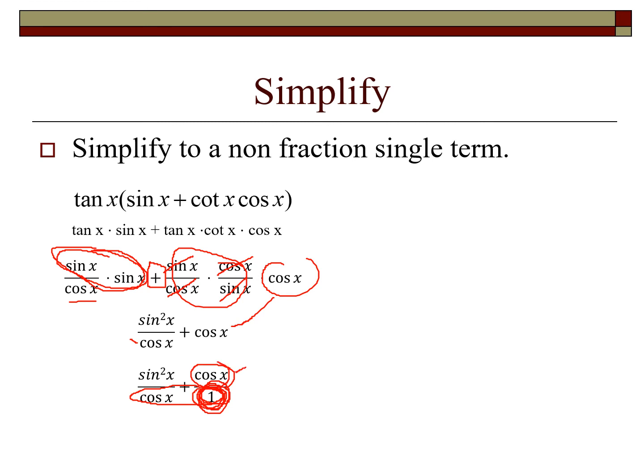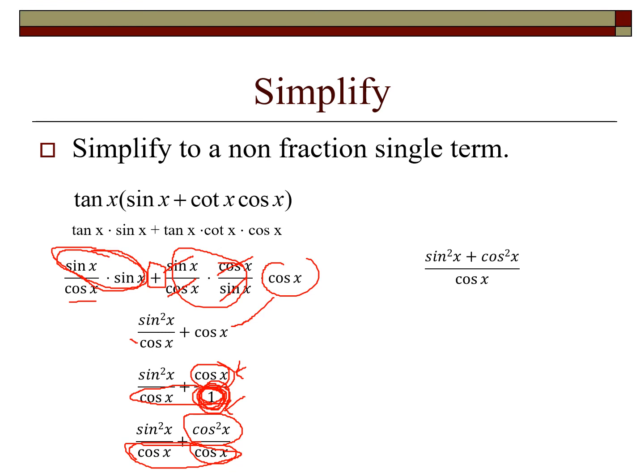So multiply this and this by cosine. Now the top becomes cosine squared, and the bottom is cosine. Now notice the whole expression has the same denominator. When it's the same denominator, you can write the two fractions together. There's the two fractions together.